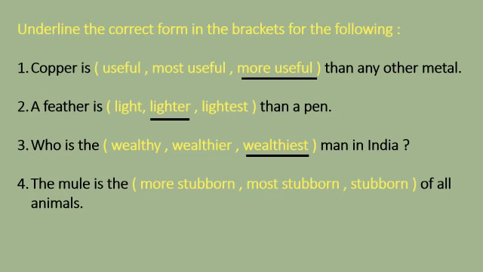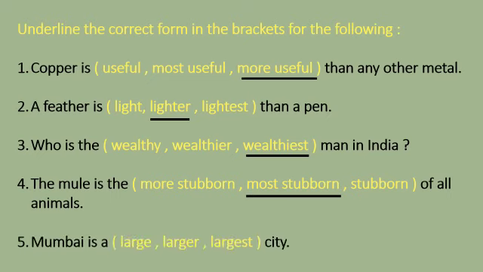The correct answer is most stubborn. The mule is the most stubborn of all animals. Mumbai is a large, larger, largest city. The correct answer is large. Mumbai is a large city.